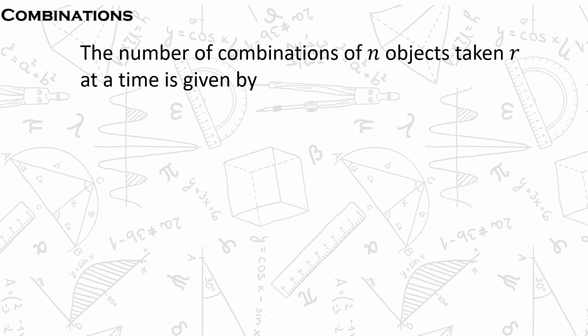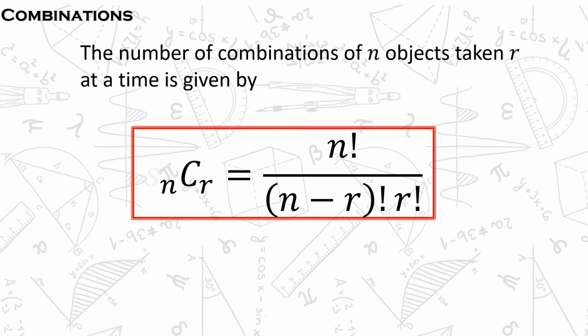The number of combinations of n objects taken r at a time is given by nCr equals n factorial over n minus r factorial times r factorial.